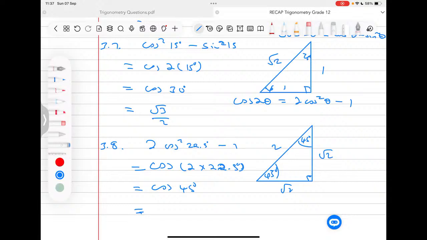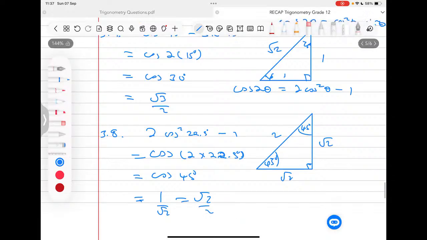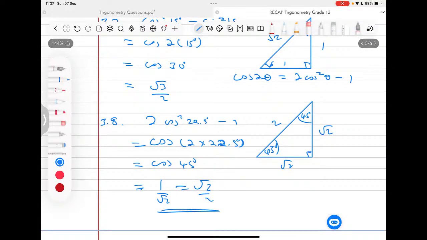Now, if we use this triangle here, remember here it's 45 and here is 45 as well. Remember that cos is adjacent over hypotenuse, right? So this would mean I'm having 1 over root 2. And if you use this other triangle, it's going to give you adjacent over hypotenuse, which gives root 2 over 2. If you press your calculator, you see that these two numbers are really the same.